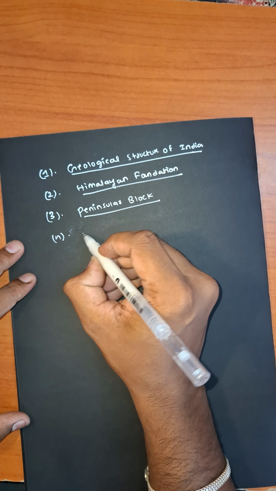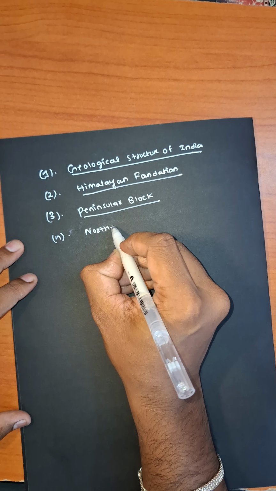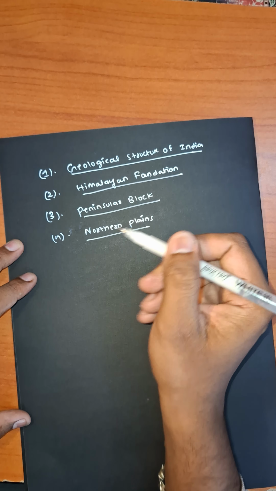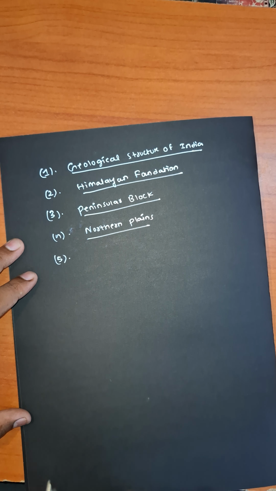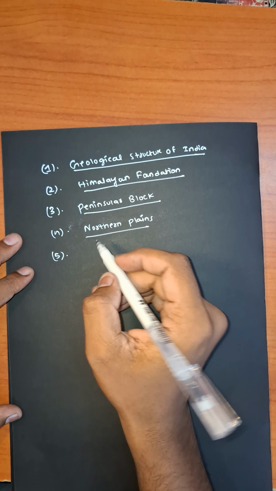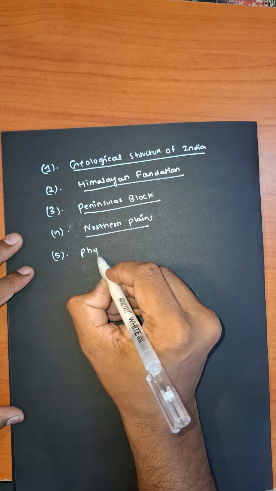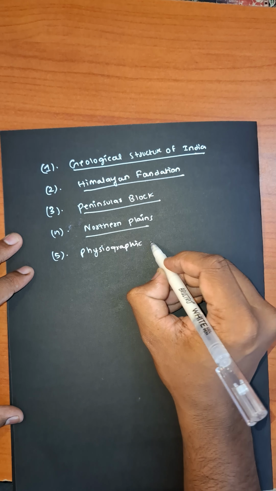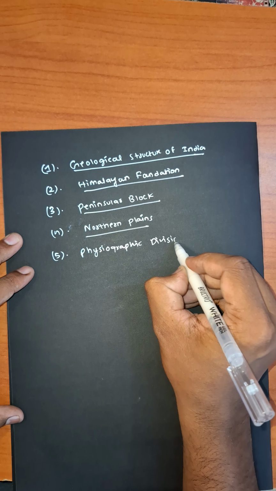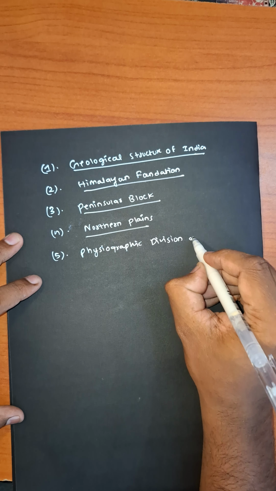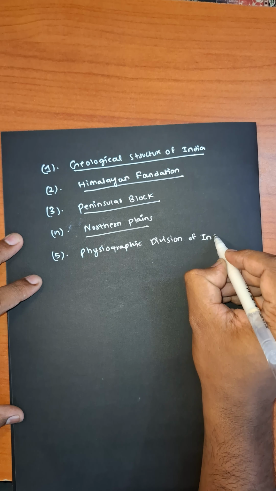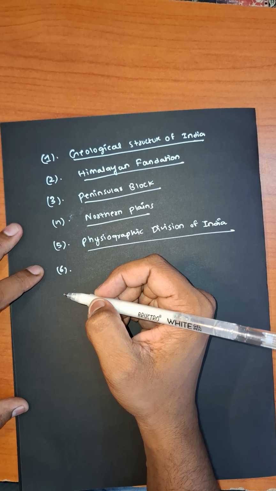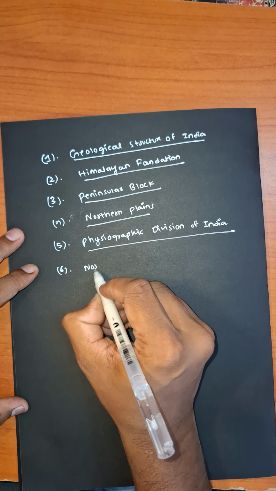And the fourth one is the northern plains, how they are formed, etc. And then we're going to see the physiographic divisions of India. What are the physiographic divisions? How many are there? Then what else?